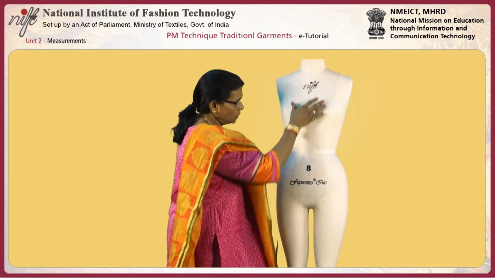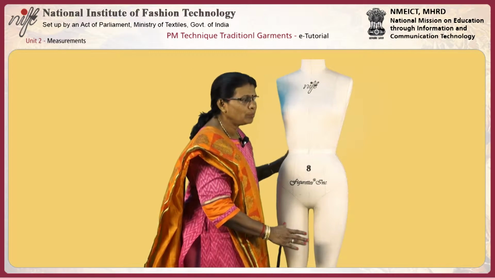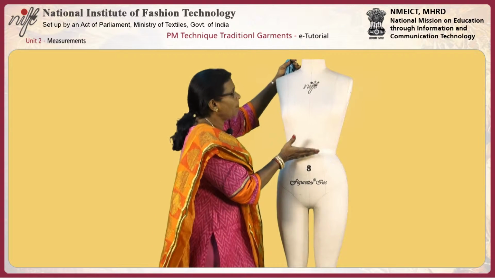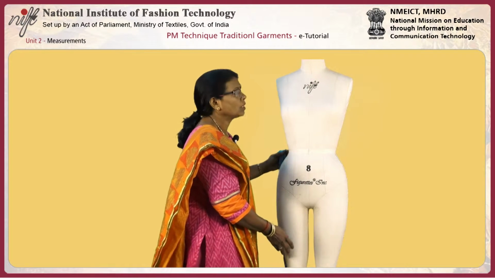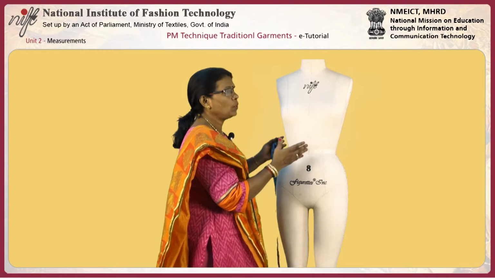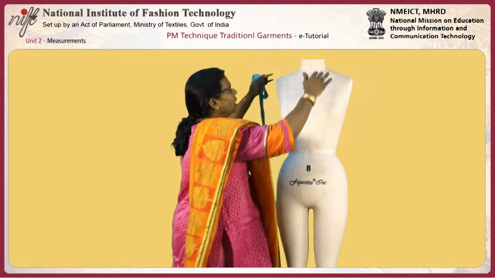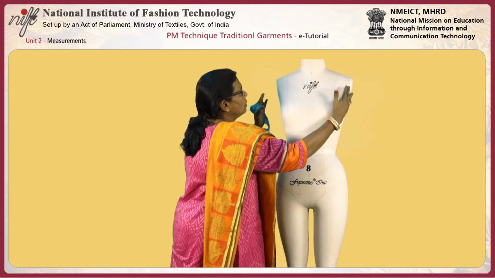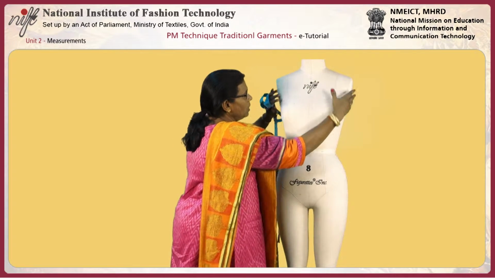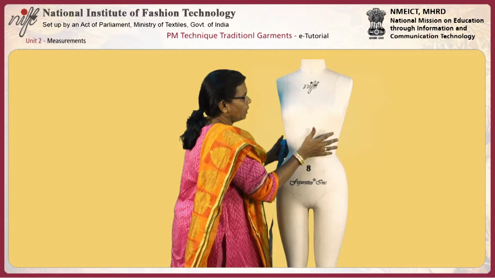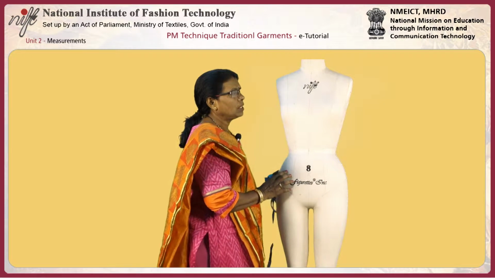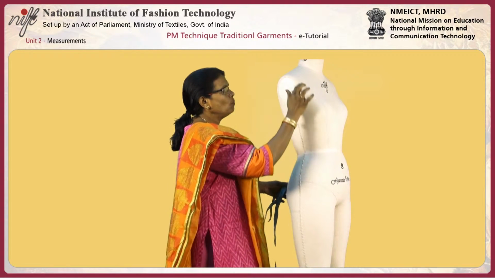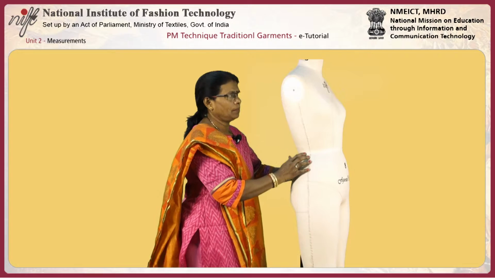So this is the woman's human body, and we are going to learn the measurements for the upper body and the lower body. For the upper body, we have reference areas, that is neckline, shoulder, chest level, bust line, waist, and then we can also have armhole and the side seam.